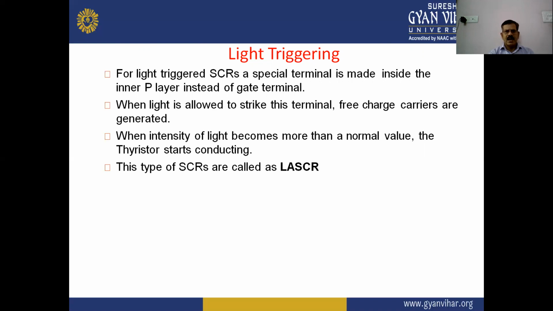When light is allowed to strike this terminal, free charge carriers are generated, and when the intensity of light becomes more than a normal value, the thyristor starts conducting. This type of SCR is called a laser SCR. So this is the light triggering method.